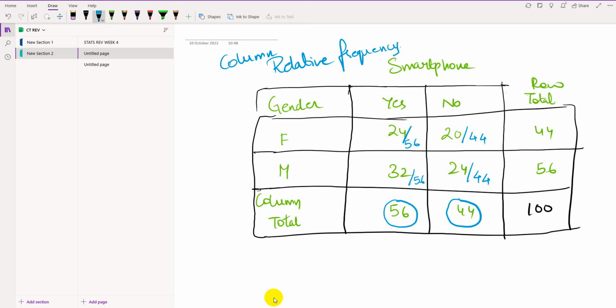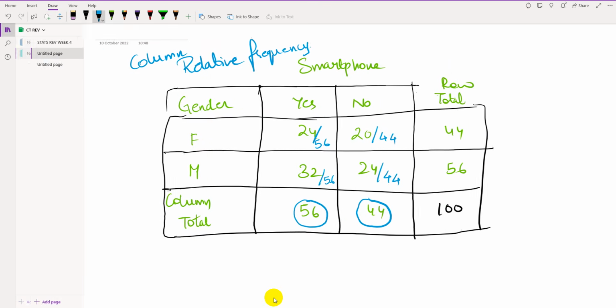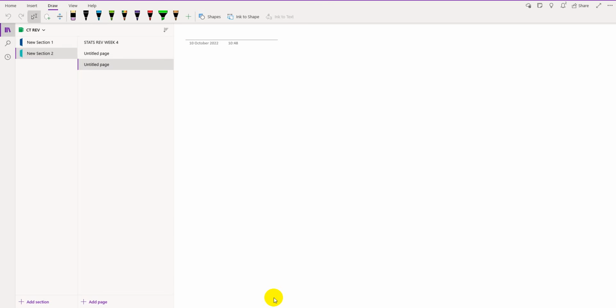So now we have seen how we calculate the row relative frequencies and column relative frequencies. Now we will go with another topic called association between two variables. How they are associated. The main goal is to know how two variables are getting associated, either with the row relative frequencies or the column relative frequencies.